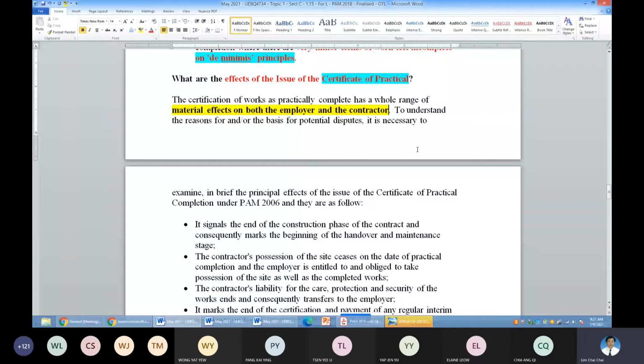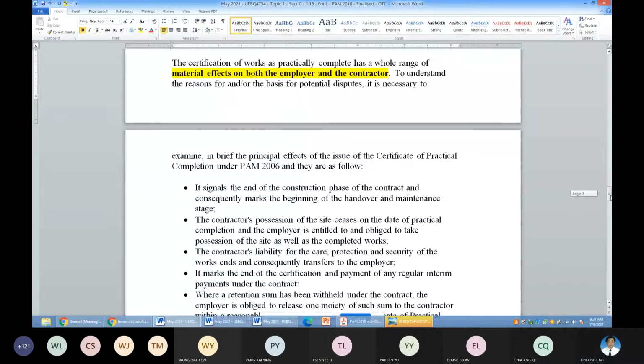Once the CPC is issued, as a consultant, employer, contractor or subcontractor, you need to pay attention to the importance of this CPC. The date of the CPC is the commencement of a lot of things.